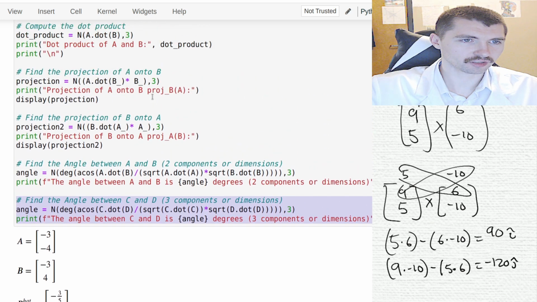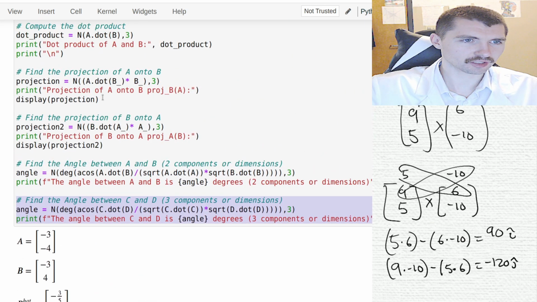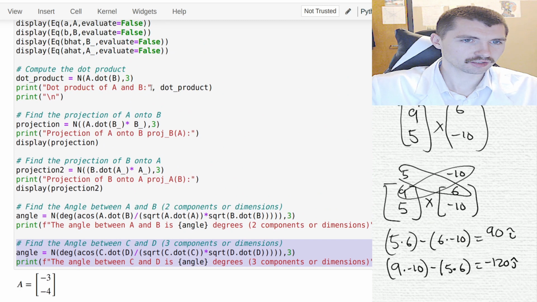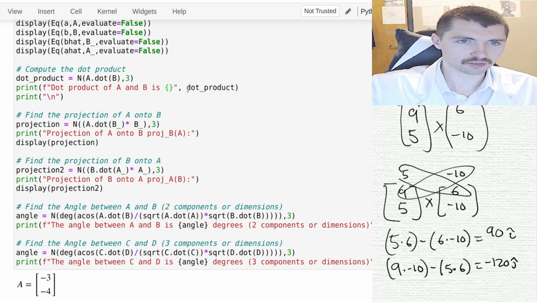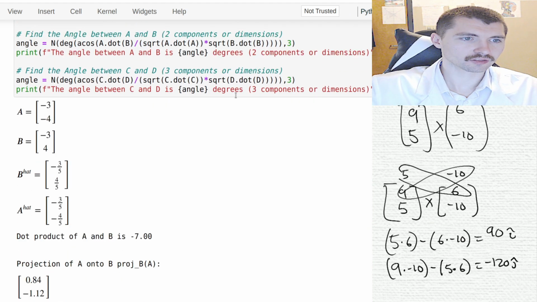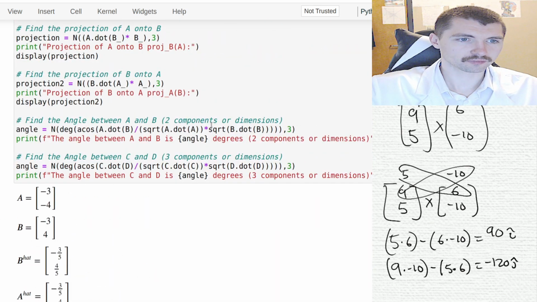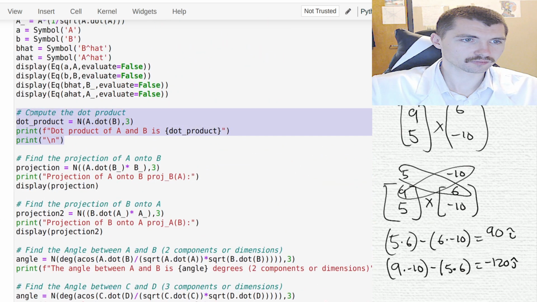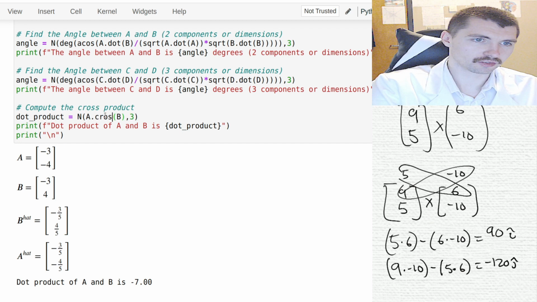I do want to fix that dot product, if you don't mind. I'm guessing it's just cross.